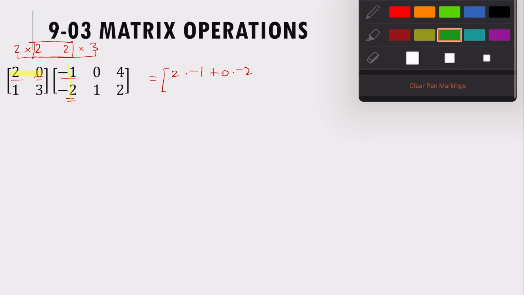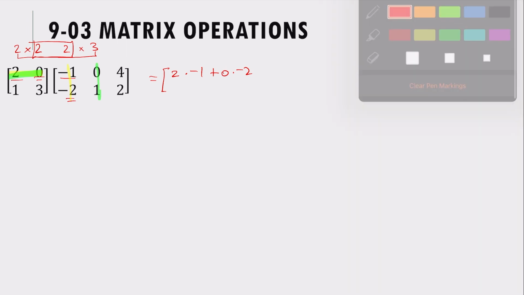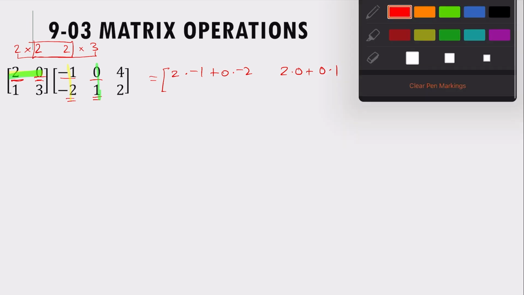Now let's pick a second row. Oh, maybe we can still do first row, but do second column. That's a different combination. So it'd be the first numbers, 2 times 0, plus 0 times 1. And that was the first row, second column, so in the answer it goes in the first row, second column. Then pick another combination.